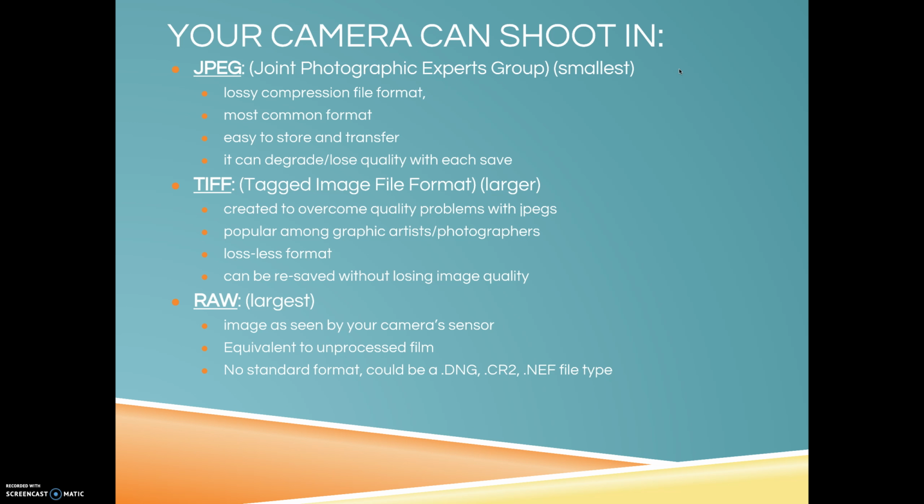So JPEG is an acronym that stands for Joint Photographic Experts Group. This file type was created in response to a real need when digital cameras and digital photography first started becoming more widespread, that different brands of digital cameras used to shoot different types of files.